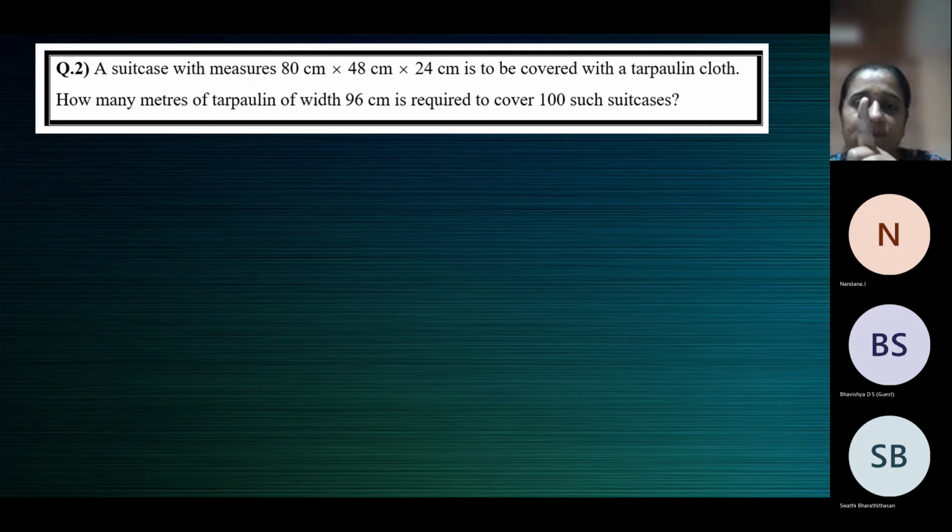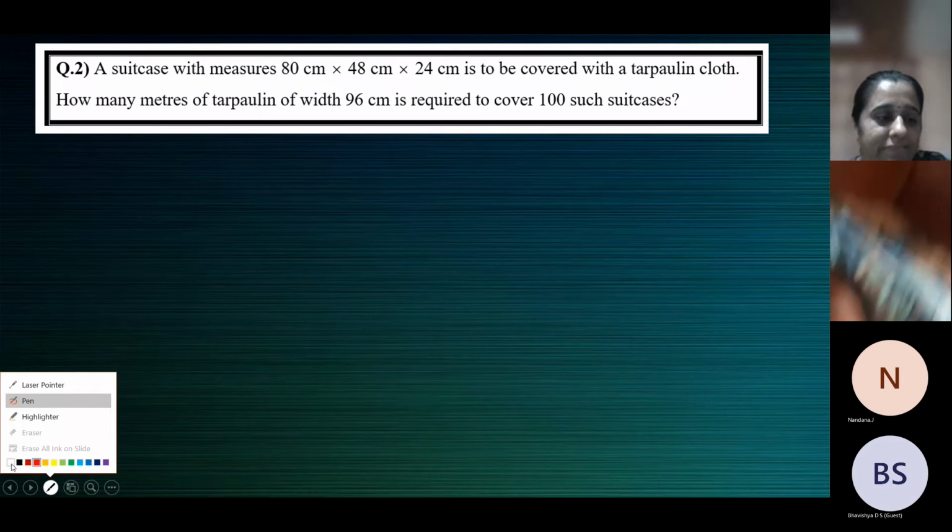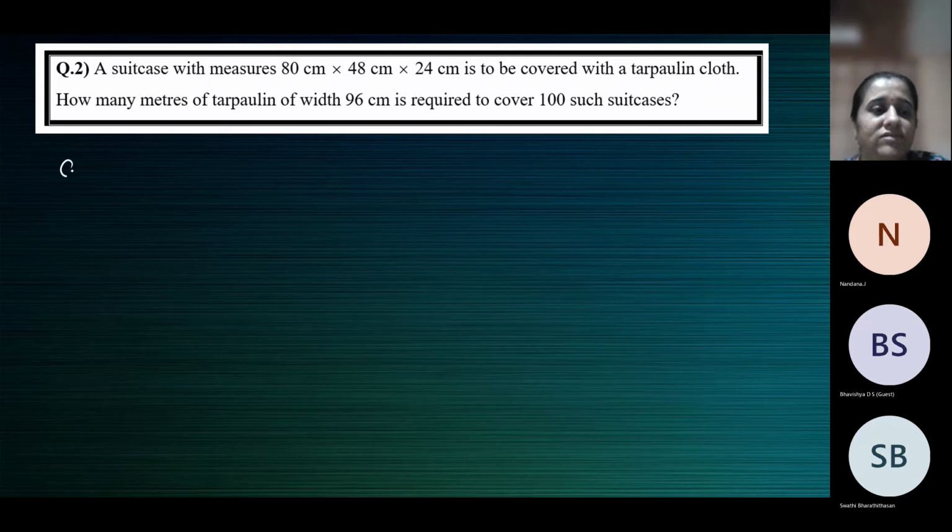Find the area of one suitcase. Multiply that by 100. That will be the area of 100 suitcases. Whatever is the total surface area of 100 suitcases will be the area of the cloth required.